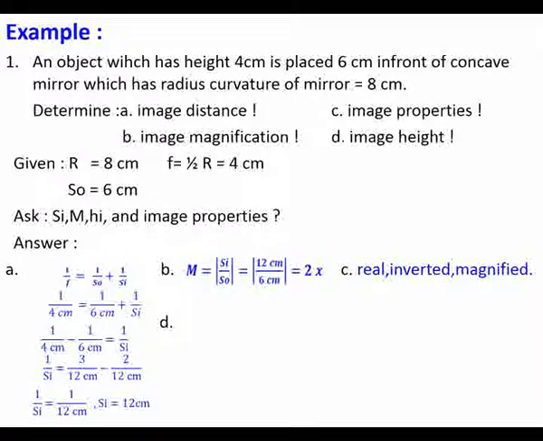So in point C, we can answer the image properties are real, inverted, and magnified. For question D, image height HI, using the formula M equals HI per HO, 2 equals HI per 4 centimeters, we get HI equals 8 centimeters.